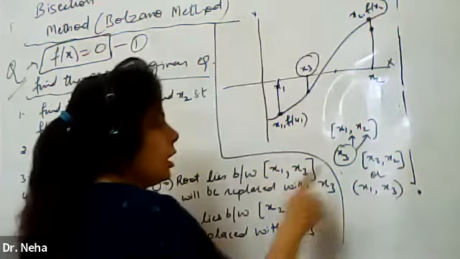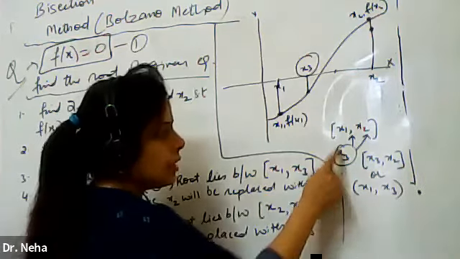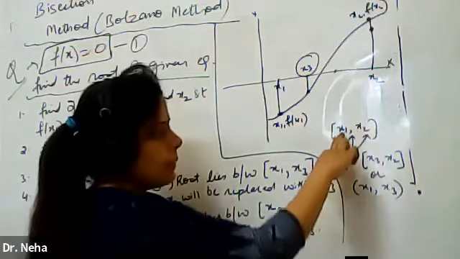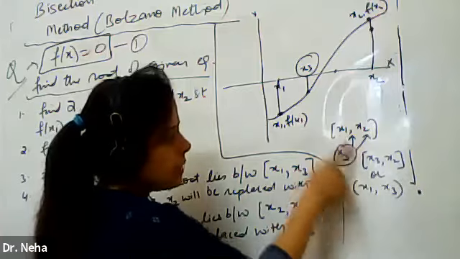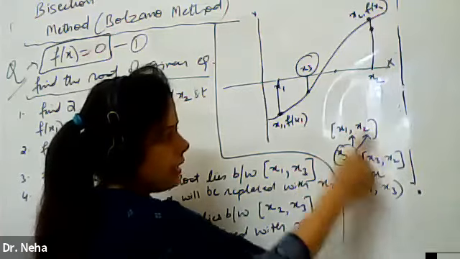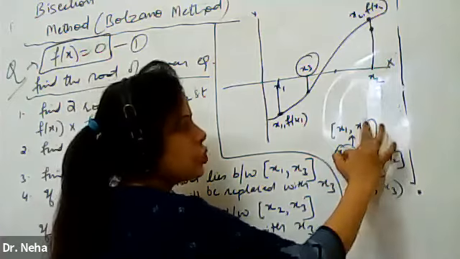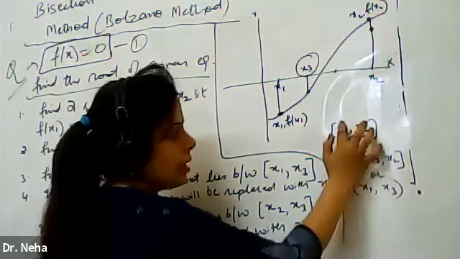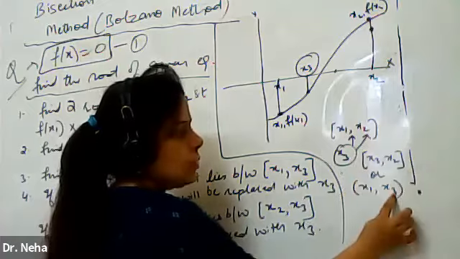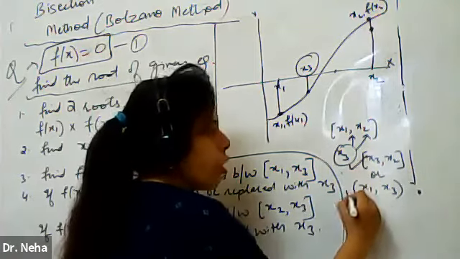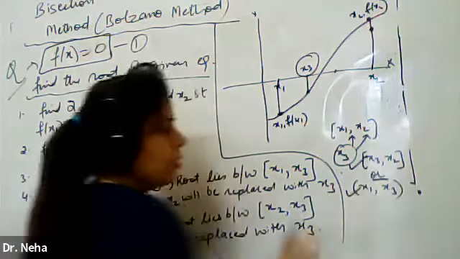When it replaces x1, x3 comes in the place of x1 and x2 remains the same. But when x3 replaces x2, x1 remains the same and x2 is replaced with x3. We need to do any one, either this or this. I have written 'or' in between.